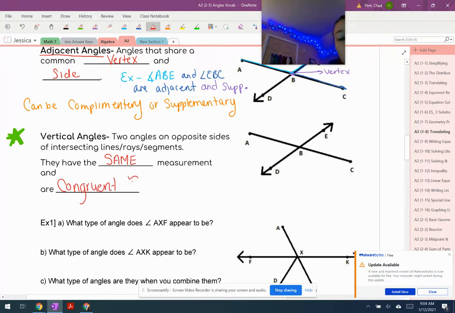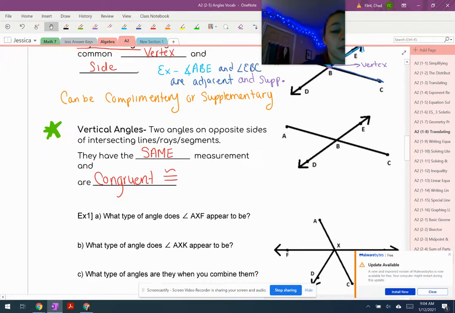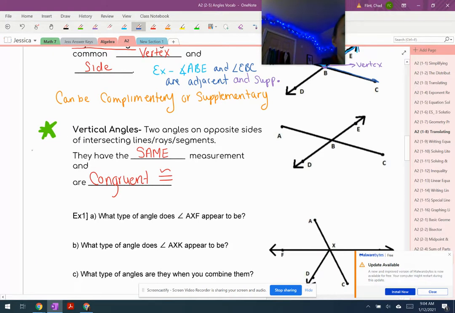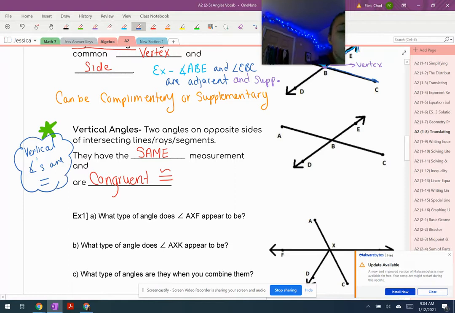Remember, congruent is like equal, the same. So vertical angles are equal, is what you want to be keeping in mind. Vertical angles are equal. That's what you want to have memorized about vertical angles.